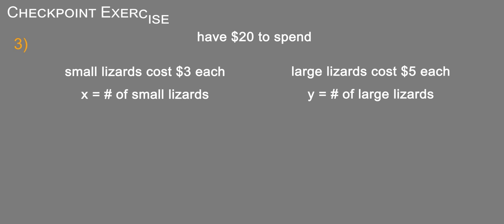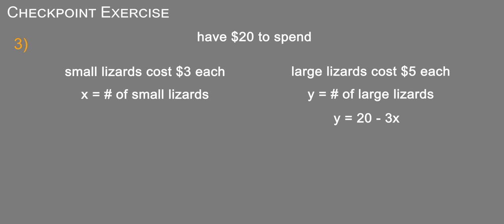So if we're looking at the large lizards, y equals, we're starting off with 20, so that would be our initial value. And then that's a matter of how many small lizards we are purchasing. So y equals 20 minus 3x.